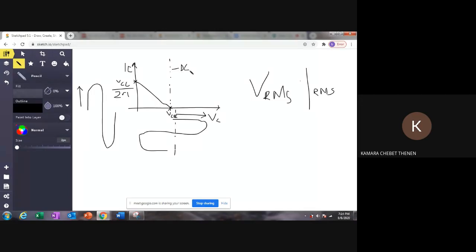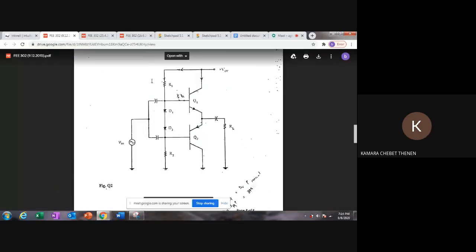Even when you draw the DC equivalent of the class AB, you'll notice that IC is either 0 or infinity, as you said, because when you look at the diagram, there are no resistors on that branch where we have the transistors. So I don't think IC can be any value.